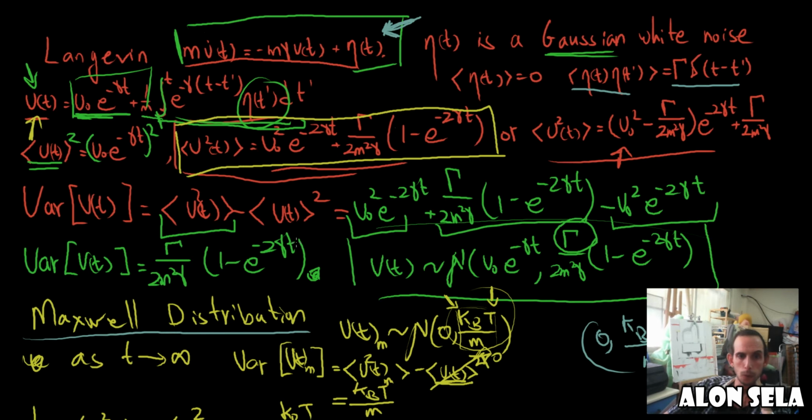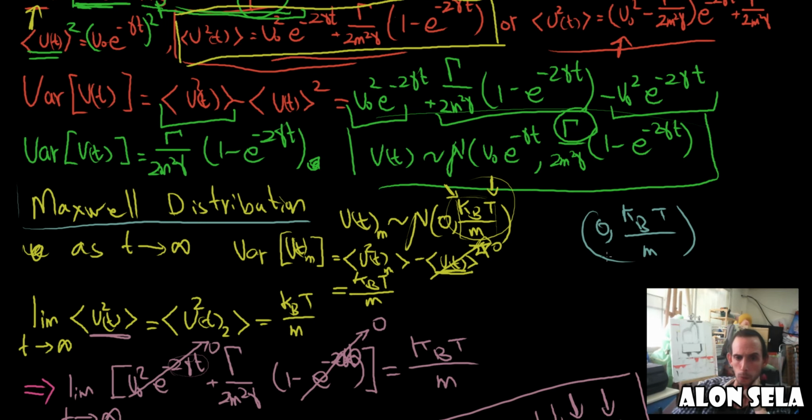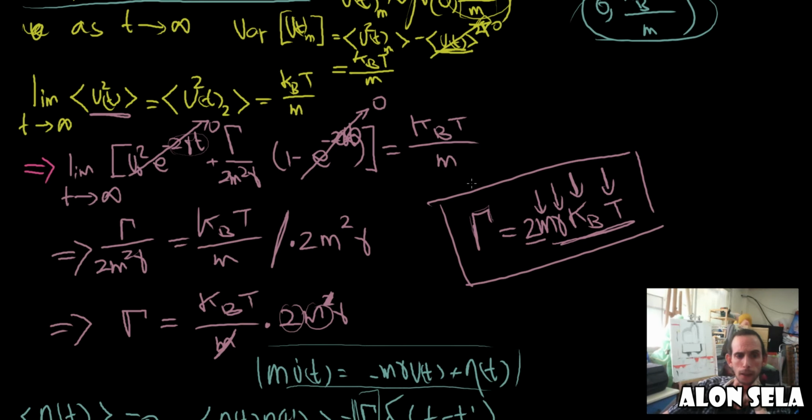We found it using the fact that if we want this process for the velocity to be consistent with the Maxwell distribution, then in the long run we want the second moment to be as the second moment for the Maxwell distribution.